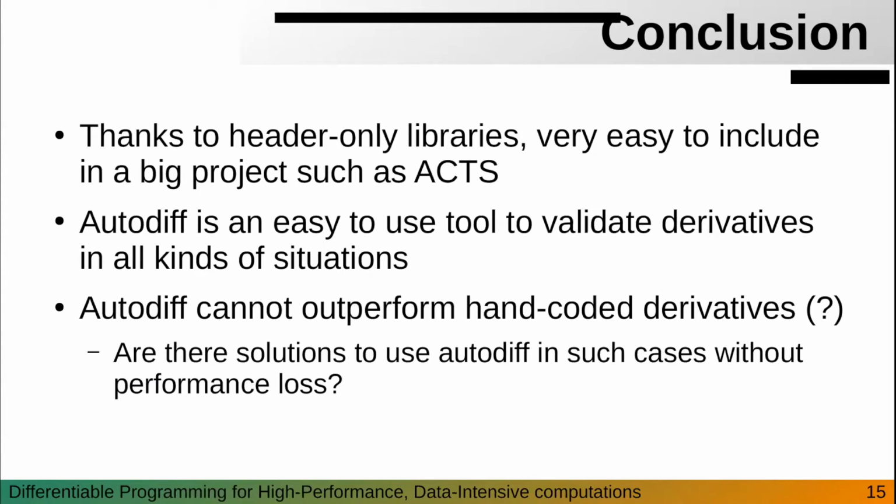But as I already mentioned, for performance reasons this cannot really replace the hand-coded derivatives yet. Maybe there will be techniques in the future, and we also already saw some interesting things in the talks before, so that maybe someday we can use it in these places, not just for validation purposes.